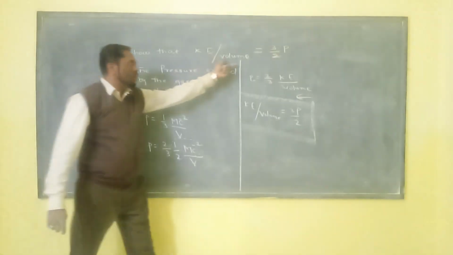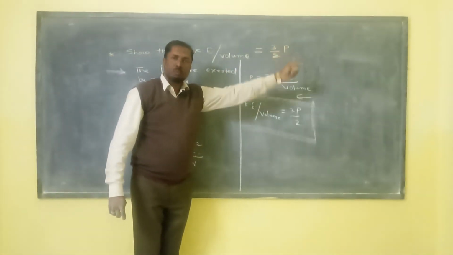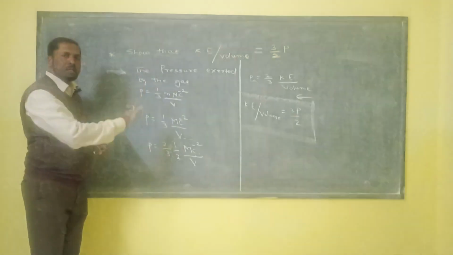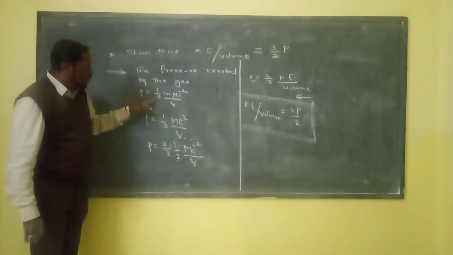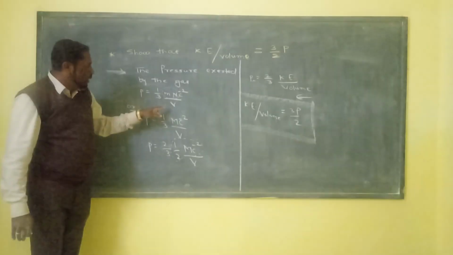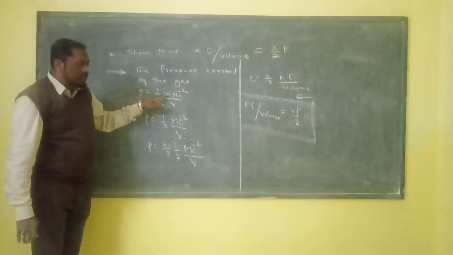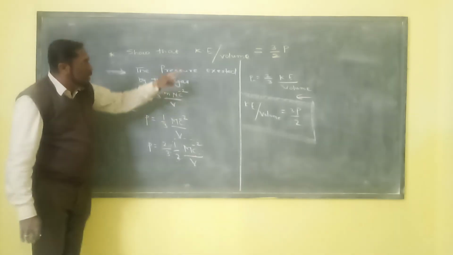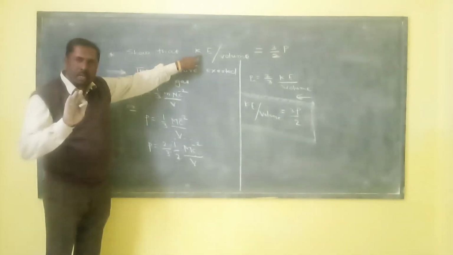Show that kinetic energy per unit volume is equal to 3/2 P. How to obtain it? We know the pressure exerted by the gas is P is equal to 1/3 m n bar c square by V, or P is equal to 1/3 capital M bar c square by V. Adjust it as per the question. In the question, kinetic energy is there.